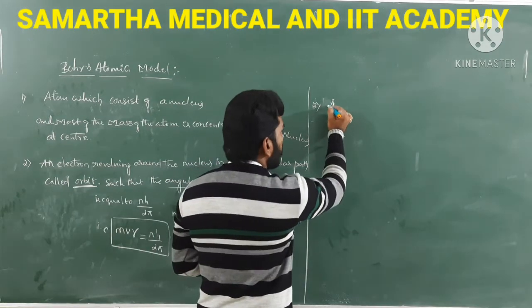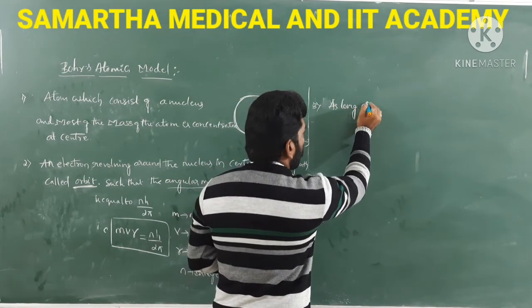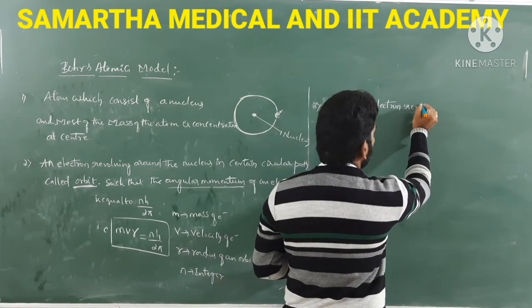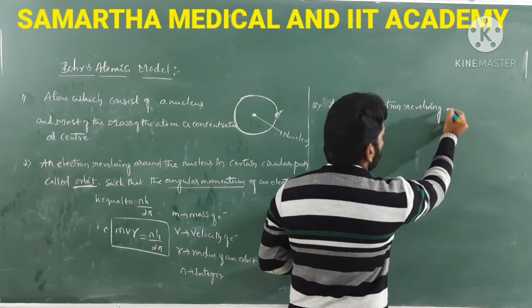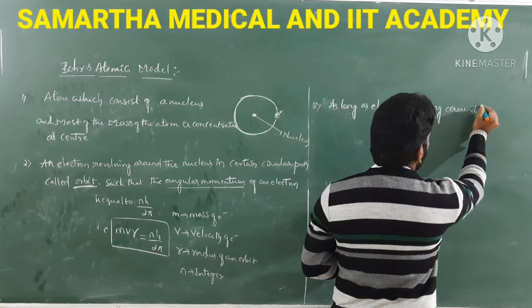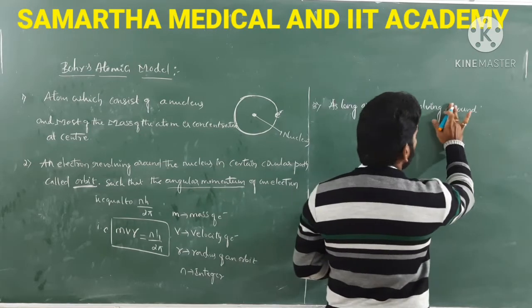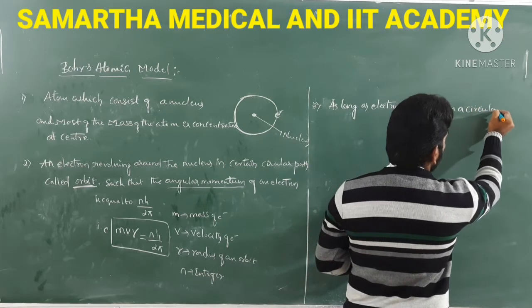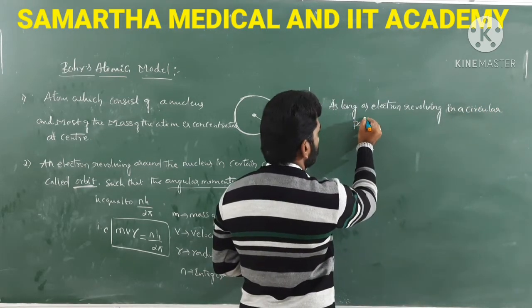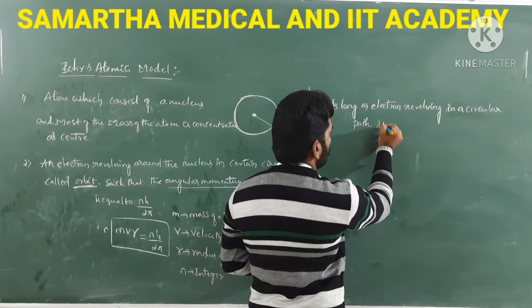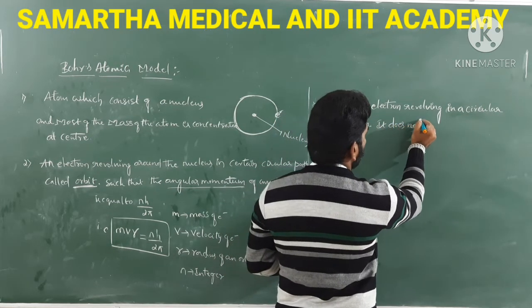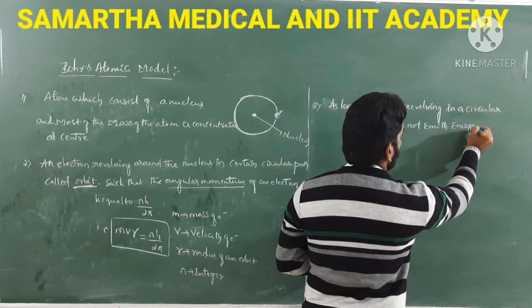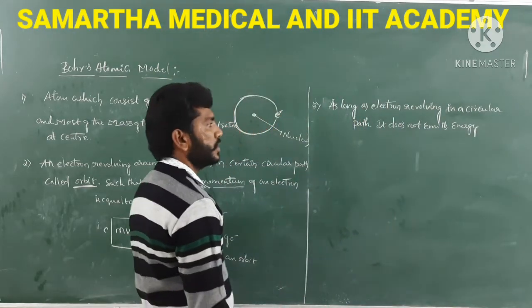Write down: as long as the electron is revolving in a circular path, it does not emit energy. This is the third postulate, guys.